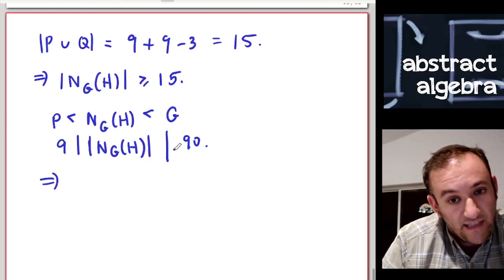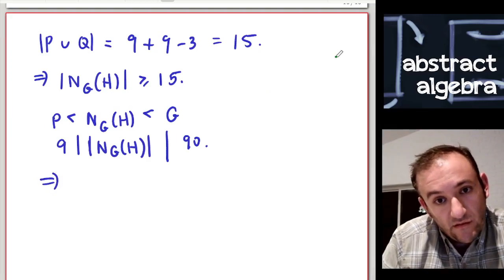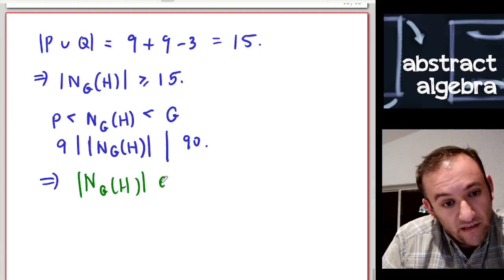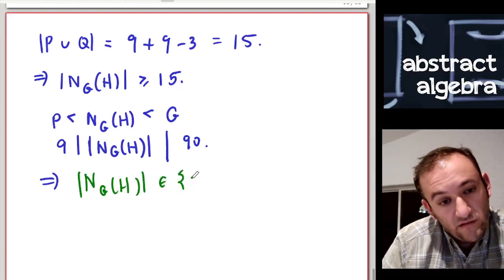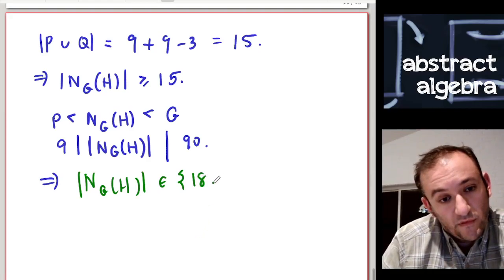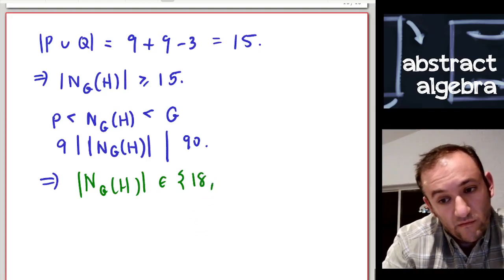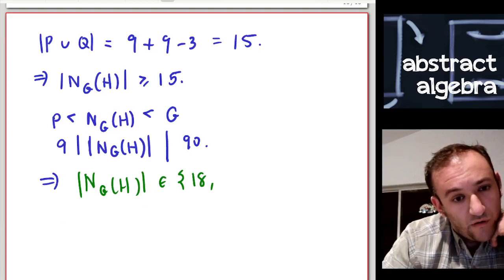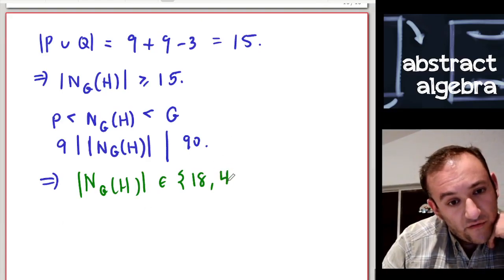So the possible cardinalities of N_G(H) would be 18, or 45, or 90.